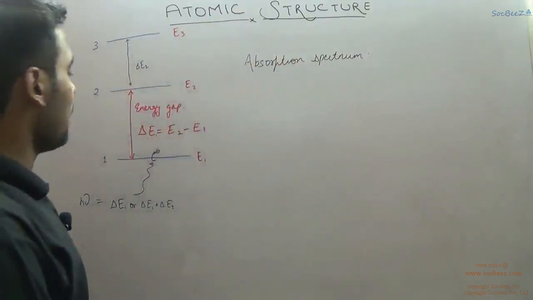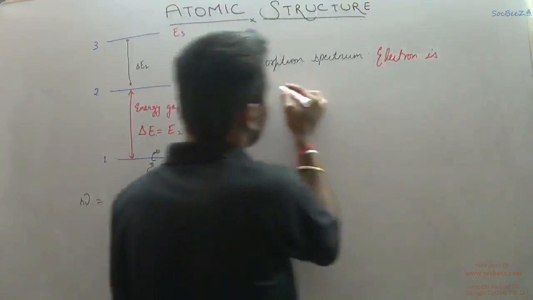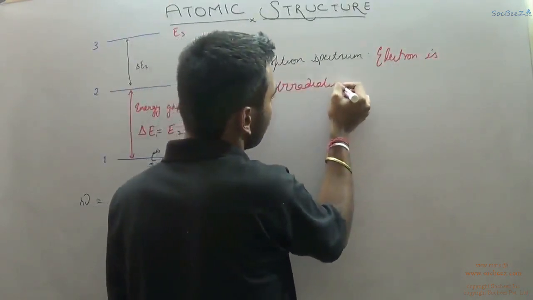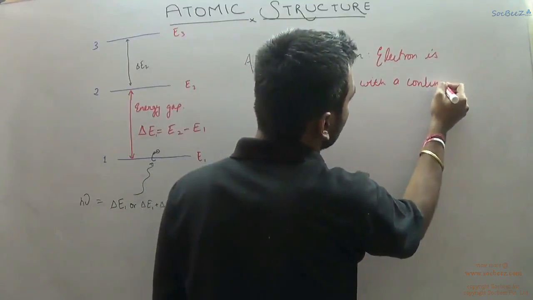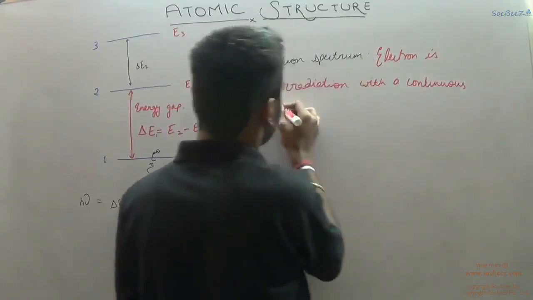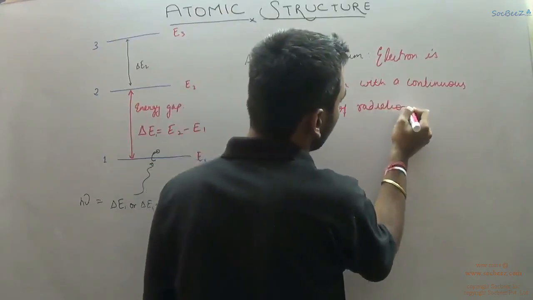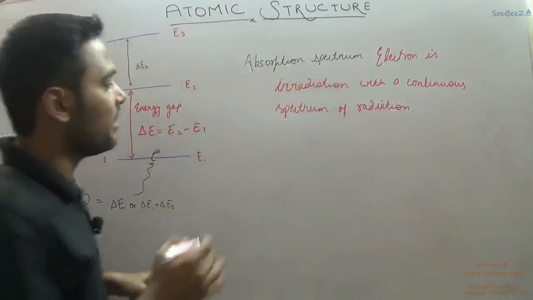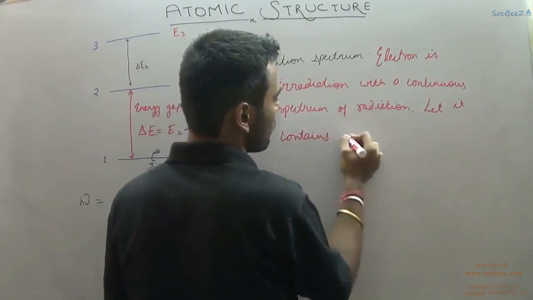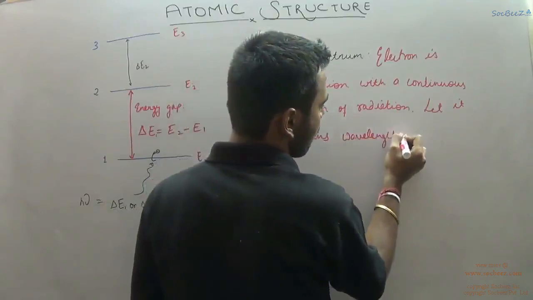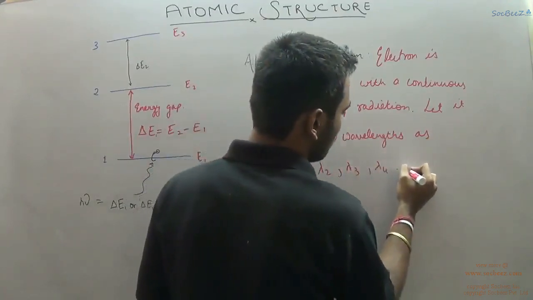Now let the continuous spectrum of radiation contain wavelengths as lambda 1, lambda 2, lambda 3, lambda 4, and so on.